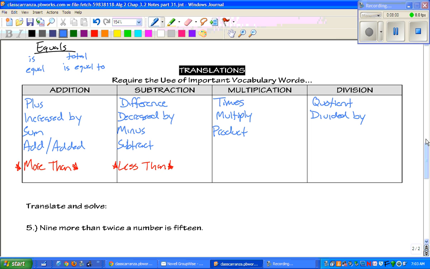Now, translations require the use of important vocabulary words, and I've already got them all written down for you, so you can pause the video real quick if you want to write them all down.